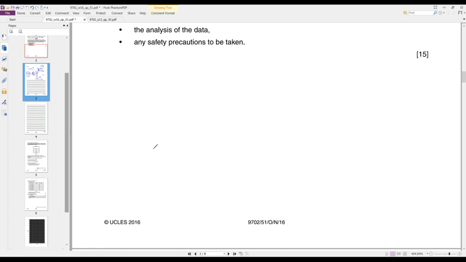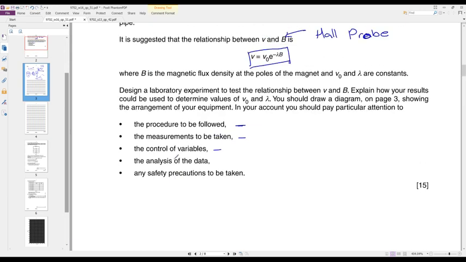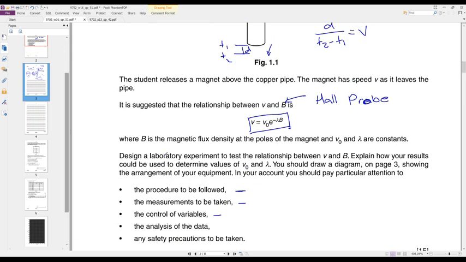So keeping the mass of the magnet constant, we already spoke about that, right? That's one of our control variables. And then this is another one: they are obsessed with measurement. This is another thing to remember. If you ever talk about some kind of numerical value, it is in your interest to suggest a way of measuring it.